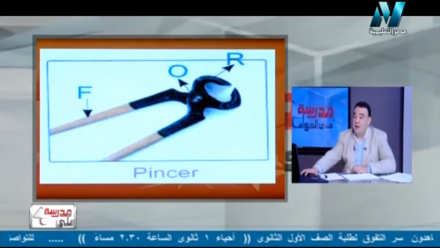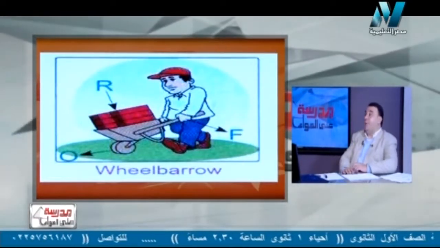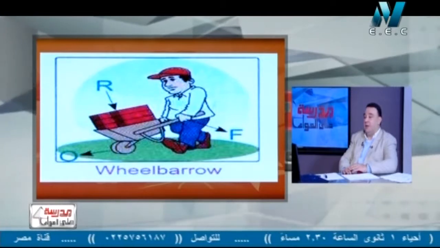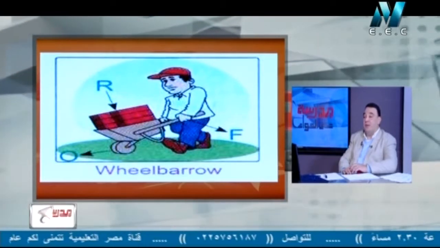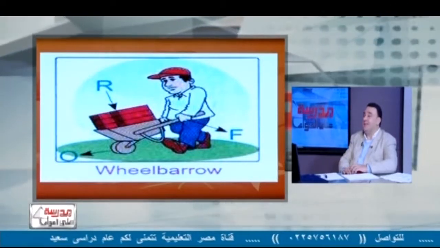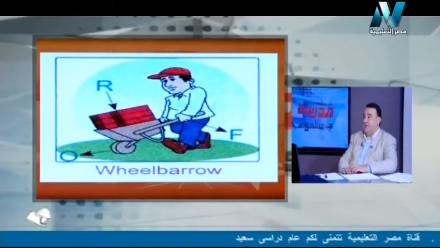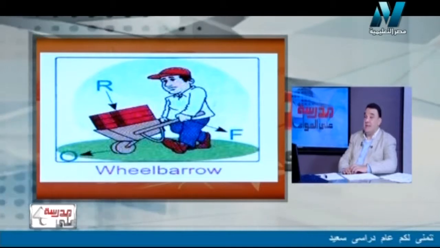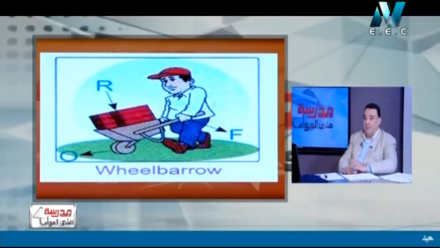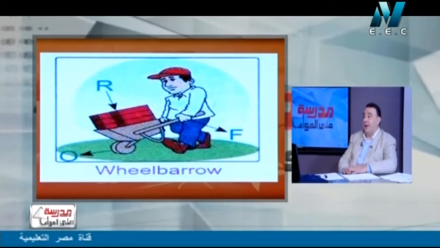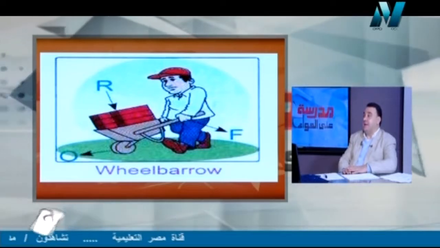Another example of levers, the wheelbarrow is considered from what? Surely second class lever. Why? Because the place at your hand is the effort force F. The place of the bricks you want to move or carry from place to place is the resistance force.